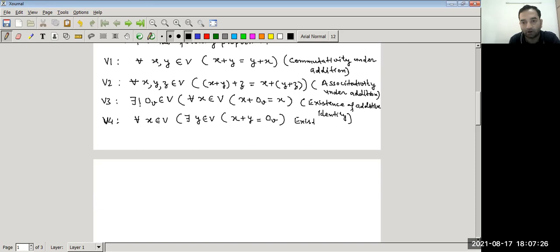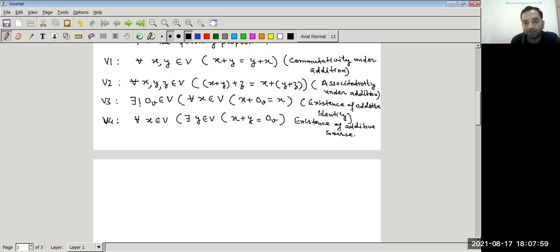So existence of additive inverse. Or we can say, if we take the vector space as the set of real numbers, V equal to R, then for all x belongs to V, there exists y, where y is minus x.